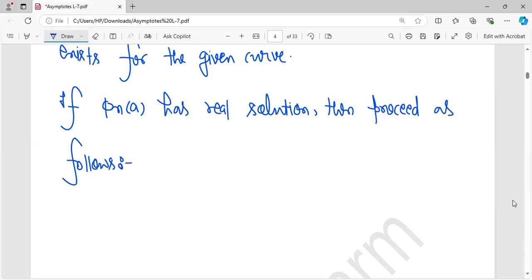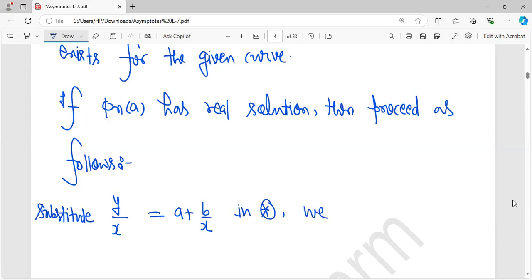Okay, proceed as follows. We have y upon x is equal to a plus b upon x, star. Substitute y is equal to a upon x in star. What do we get?